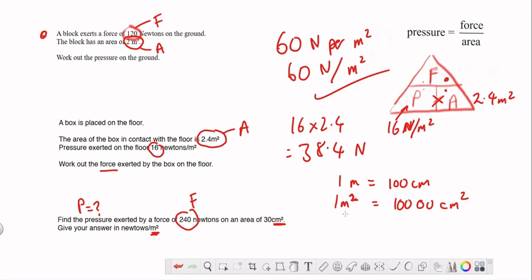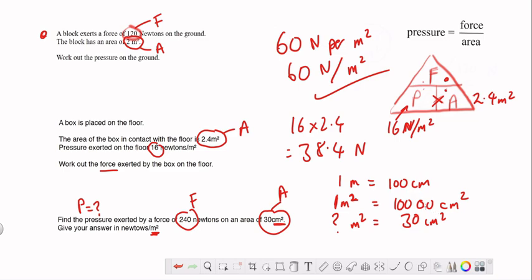But I want to convert 30 centimeters squared, this area here, into meters squared. So how do I do that? I know this number is going to be really tiny. If you look on this side, this is just a 1, and this is 10,000.